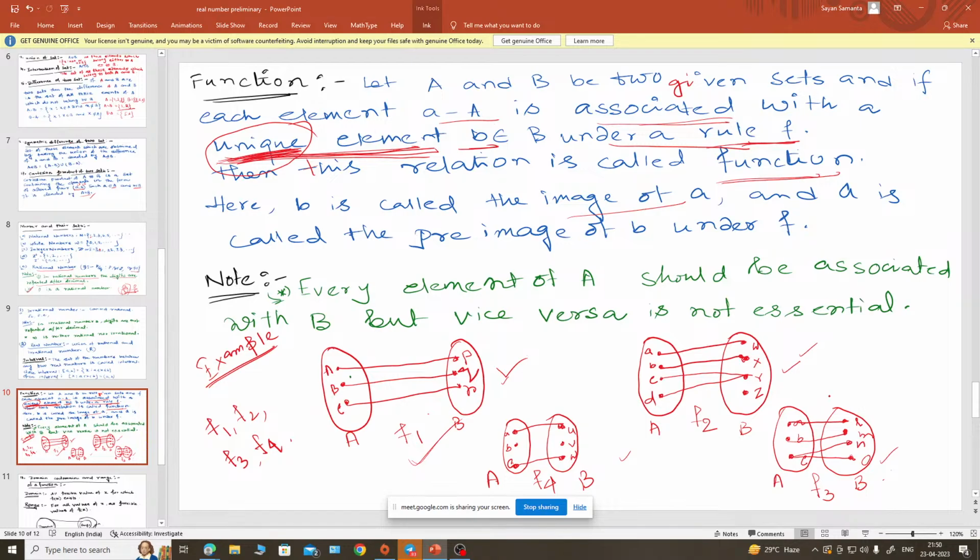So here in F2, if we see C and D, they are associated to the same element. Note that every element of A should be associated with an element of B, uniquely, but vice versa is not necessarily true.